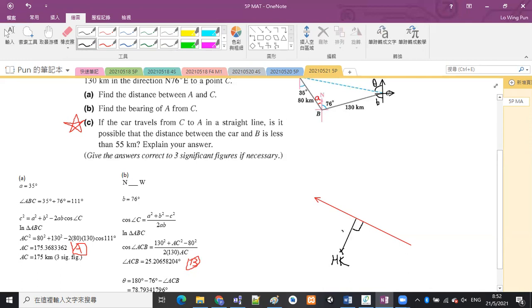Perpendicular. And then I need to calculate this D. If this D is below 800 km, then the typhoon signal will be raised. But if this is 900 km, then there will be no typhoon signal, and so on. So we need to compare with the shortest distance between a point and a line here.